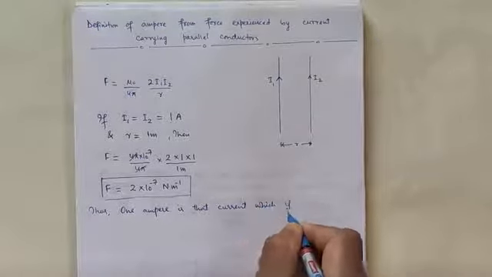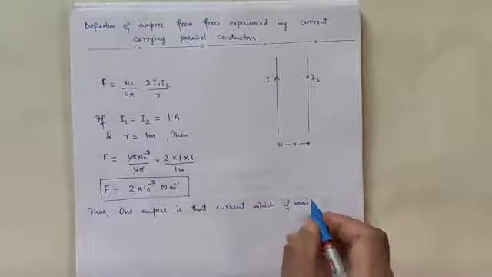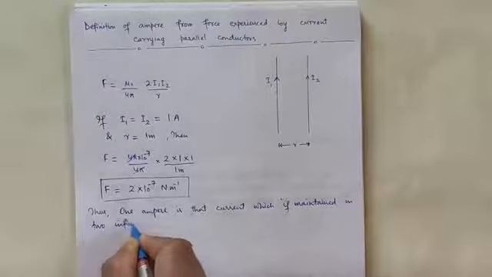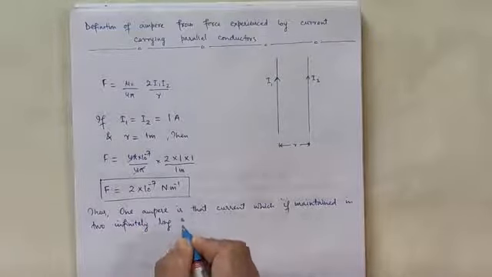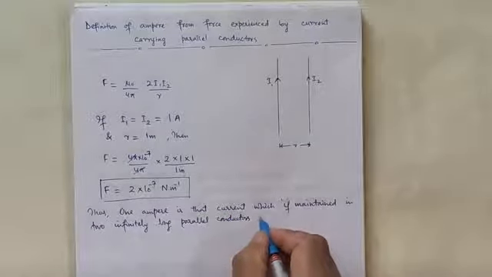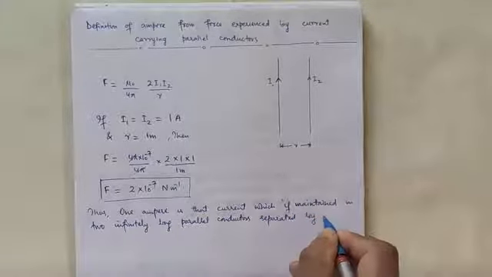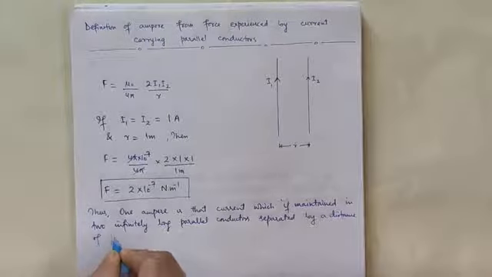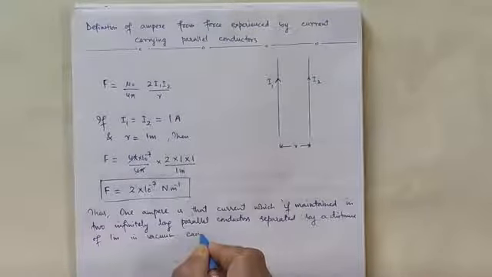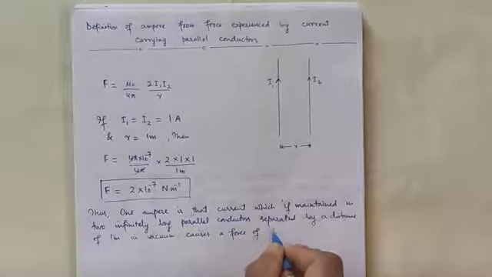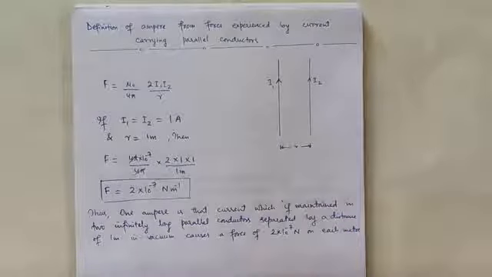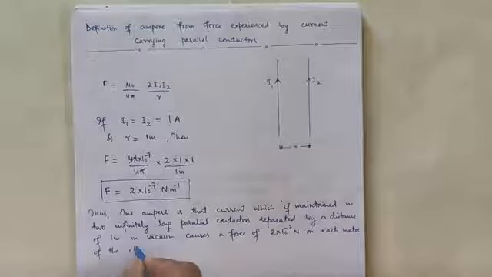which, if maintained in two infinitely long and parallel conductors separated by a distance of 1 meter in vacuum, causes a force of 2 into 10 raised power minus 7 Newton on each meter, or you can say on each unit length, of the other wire or other conductor.